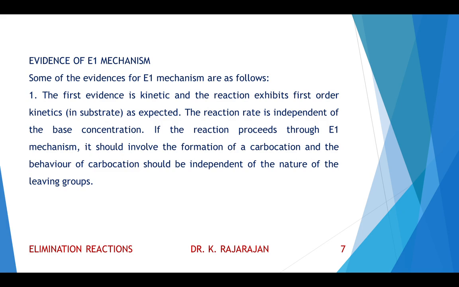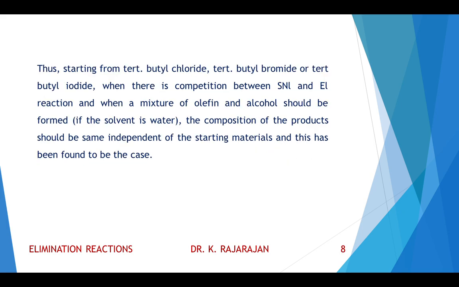The reaction rate is independent of the base concentration. If the reaction proceeds through the E1 mechanism, it should involve the formation of a carbocation, and the behavior of the carbocation should be independent of the nature of the leaving group.